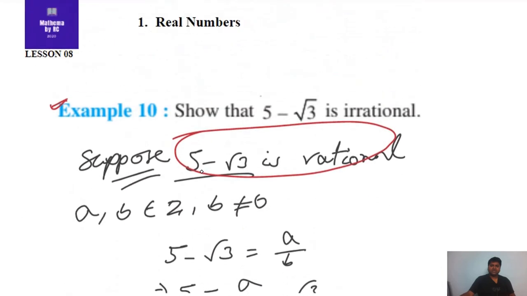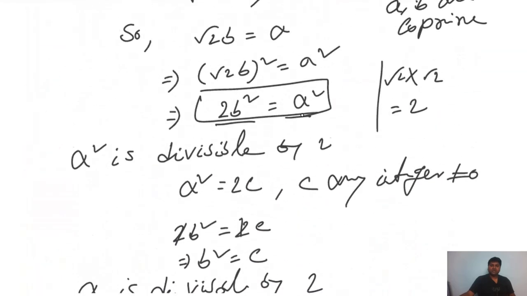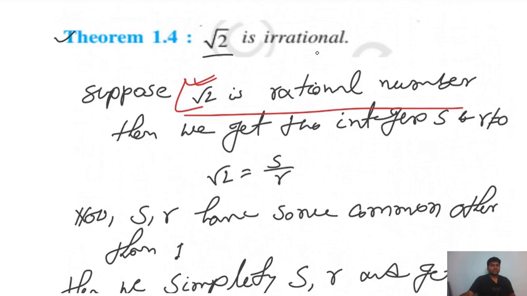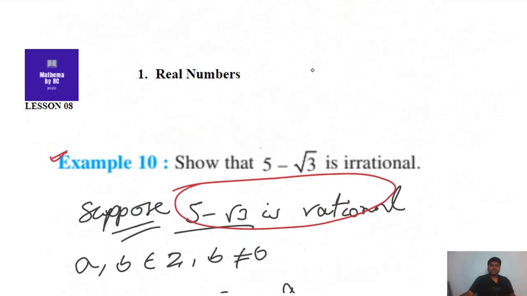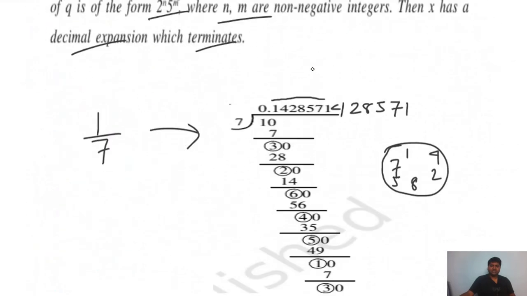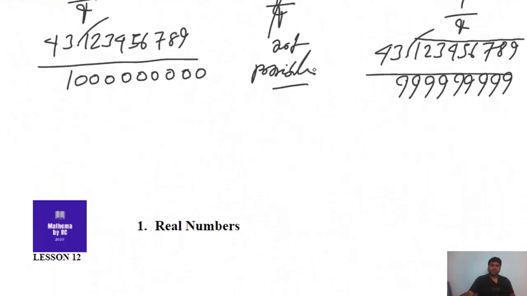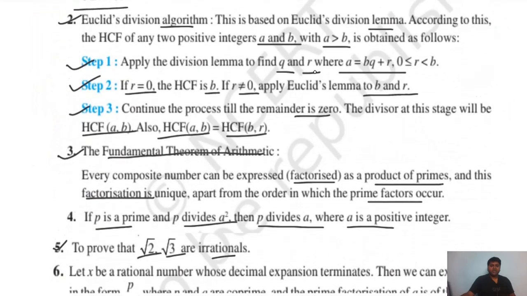Here we also get that root 5 minus root 3 is an irrational number, and we use that root 2 is an irrational number. You can see all the classes on our YouTube channel for free, anytime, anywhere.